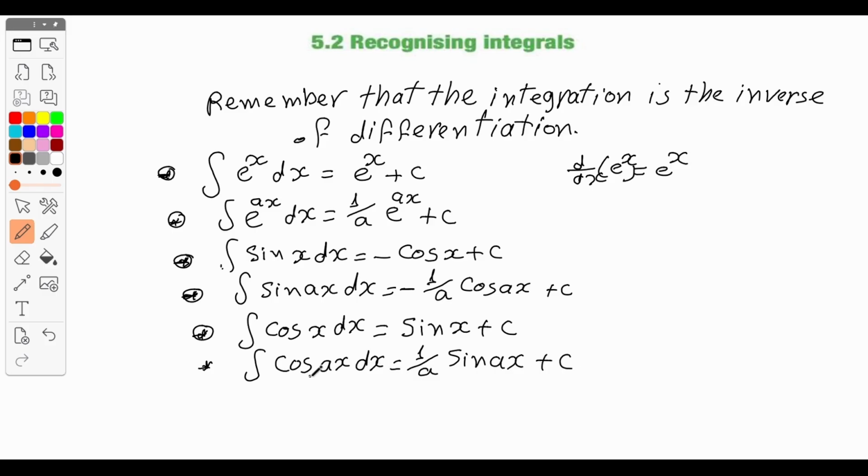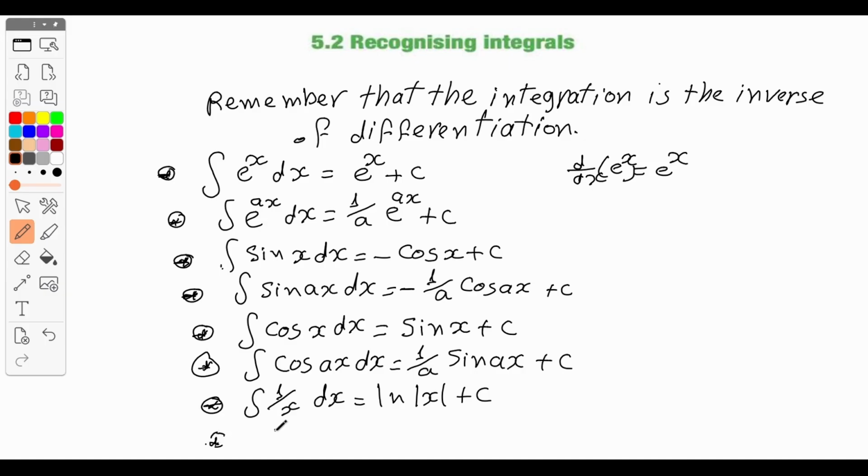Last one, if we have the integral of 1 over x dx, this is ln of the modulus of x plus c.